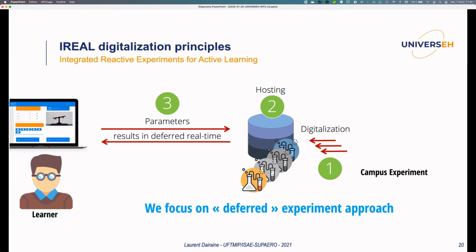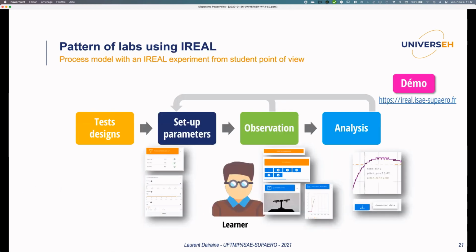So the process is there. The student designs the test, understands what he has to do, opens the platform and sets up the parameters. He's seeing what happens in real time, I mean, he's doing the experiment.